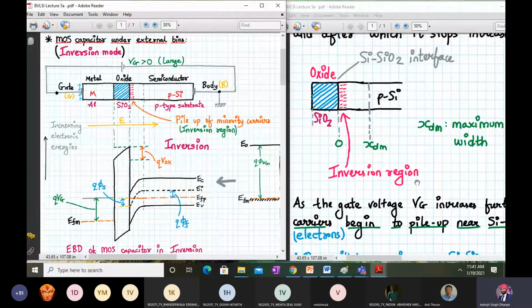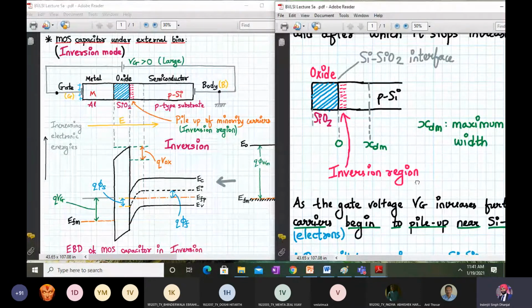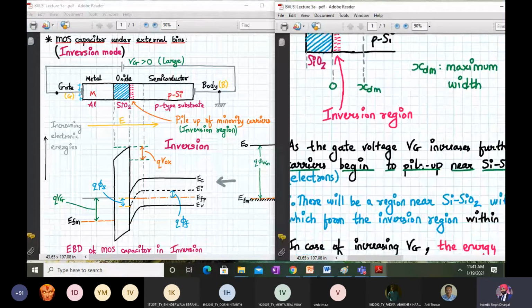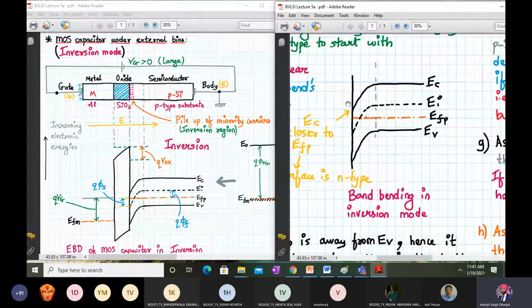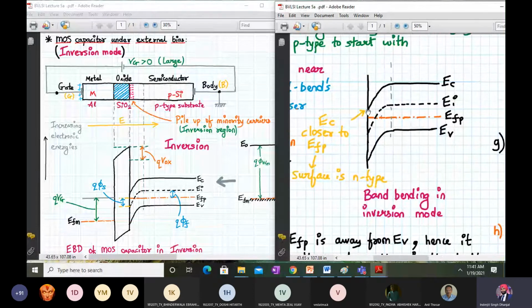Okay, so the surface is inverted near the SiO2 interface, hence the bands which are already bending in case of depletion will bend even more. Okay, so hence the band bends such that EC, this is the conduction band, is closer to your EFP. Now, whenever the EC conduction band is closer to your EFP, it indicates that we have an N-type material.